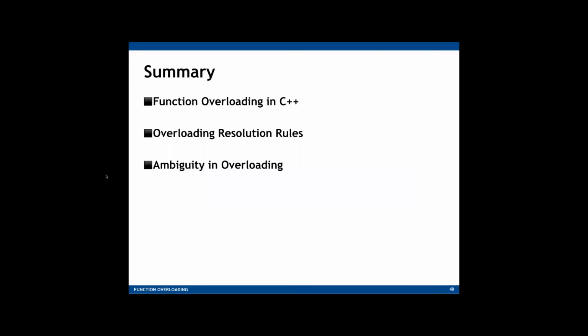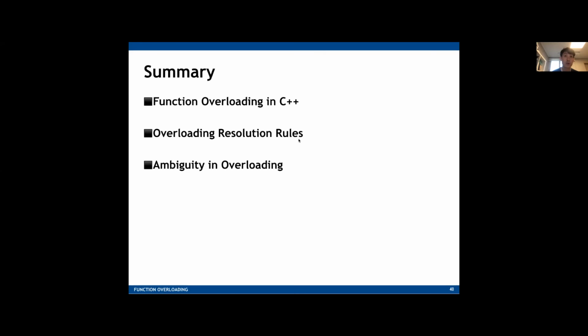Okay, so in this session, we talked about function overloading in C++. We said that C does not allow function overloading, so in C we cannot have functions with the same name, but we can have the same function name with function overloading in C++. We also talked about the overloading resolution rules.